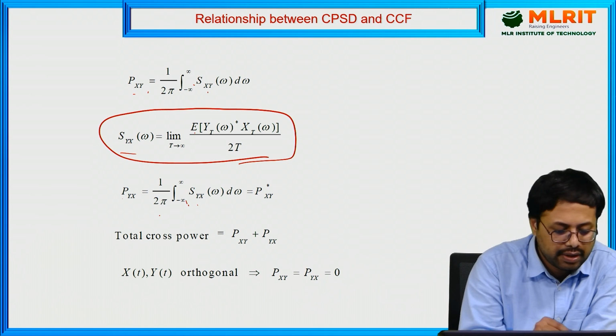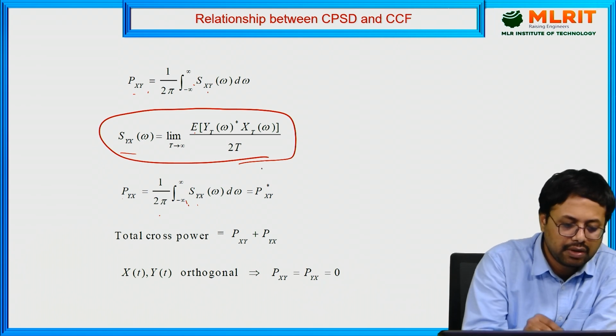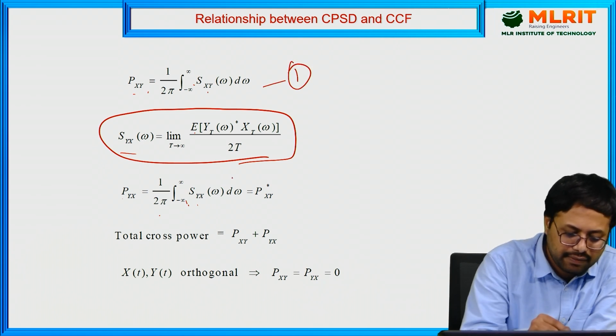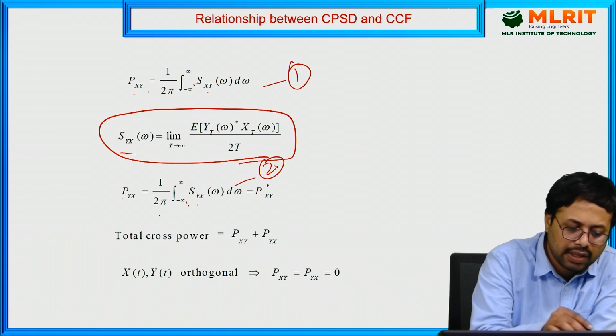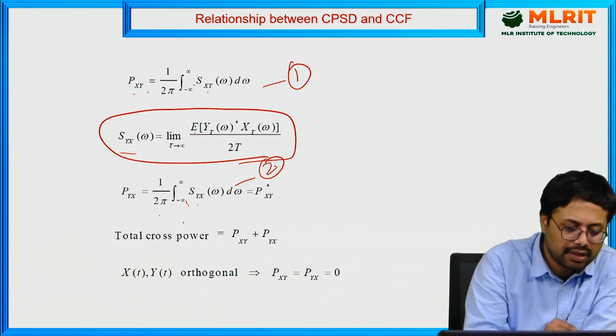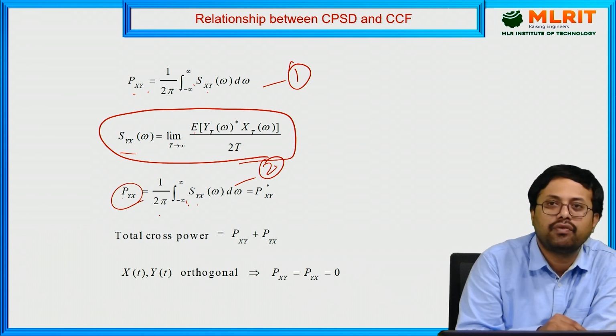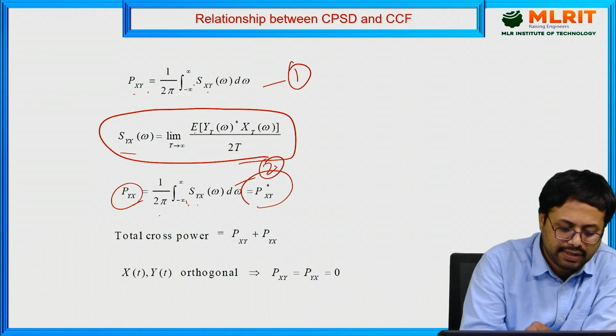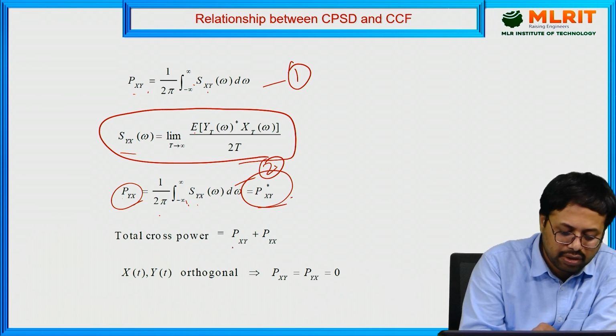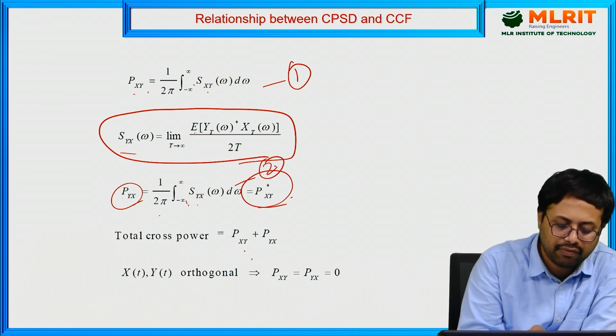Then you have both relations. When you compare them and apply the conjugate to this, you will get Pyx. Then the total cross power is equal to Pxy plus Pyx.